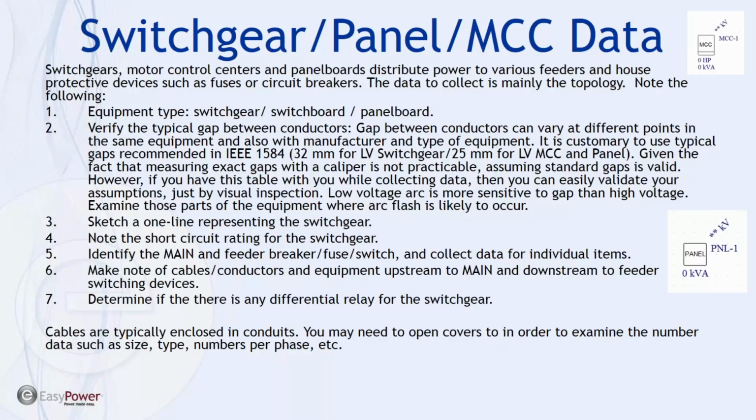So understanding the equipment type, the orientation of the bus work or the connections vis-a-vis the person doing the work is important, and sometimes this is necessary to observe as a data collector, or it can be recorded once you look up the data sheet.